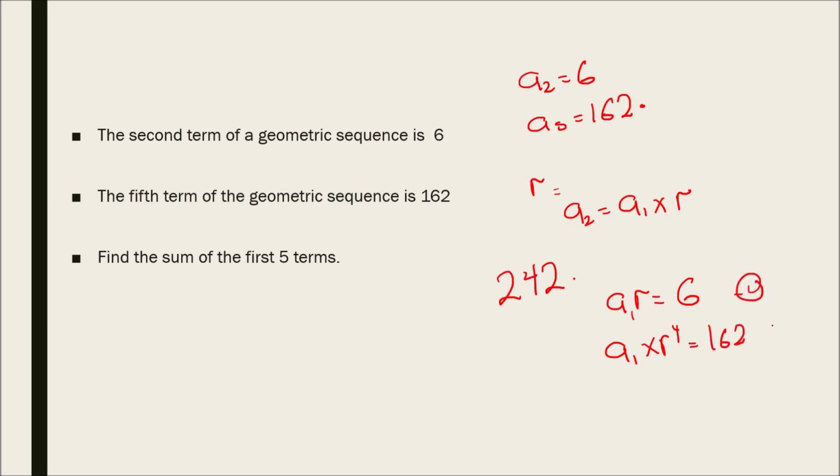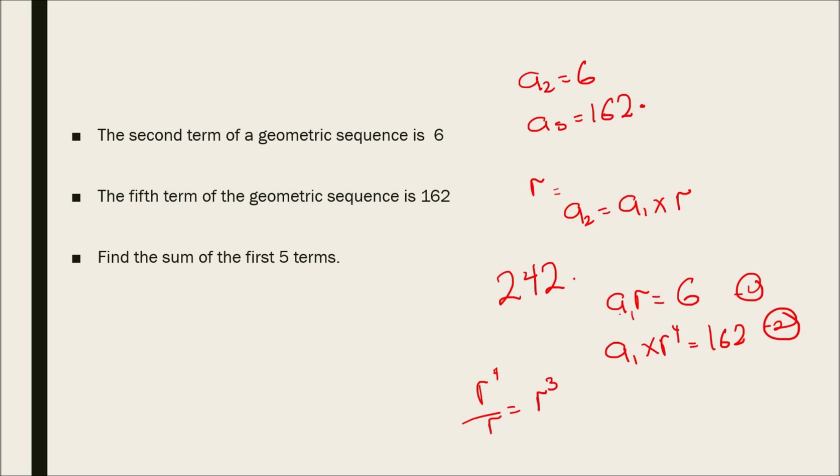We can say equation 2 divided by equation 1. A1 divided by A1 is 1. R raised to power 4 over R will give me R raised to power 3.